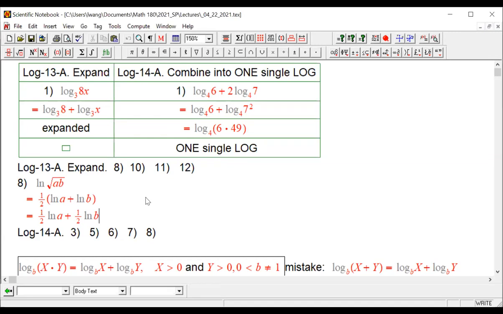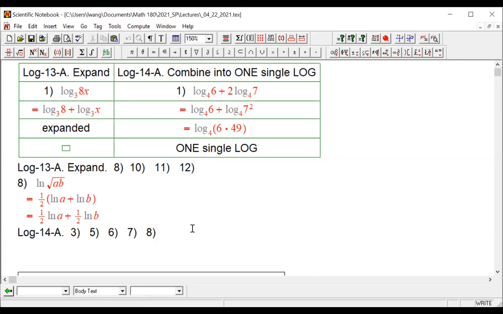I want you guys to do one in 13A and then do another one in 14A. Just do left and right and left, and do that kind of thing, if possible. Do you want me to do another example, or you think you're good? If you want me to do another example, maybe another combining example, I'd be happy to.